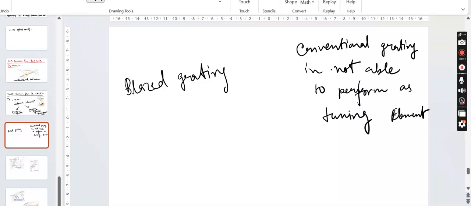Because the intensity of the incident light at a given wavelength is distributed into different orders of diffracted light. So that is why the conventional grating cannot be used as a laser cavity tuning material.